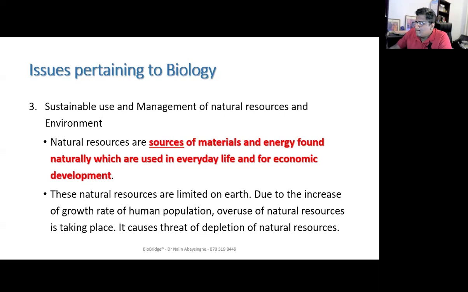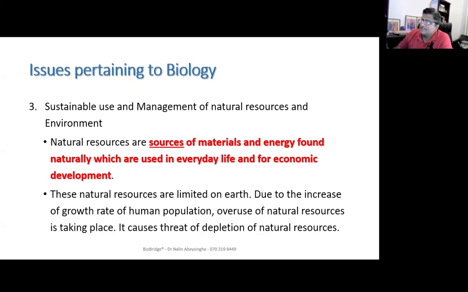Then there are other resources which are not renewable. Can you mention one or two which are natural resources, but they cannot be replenished? They get used continuously. Very good.